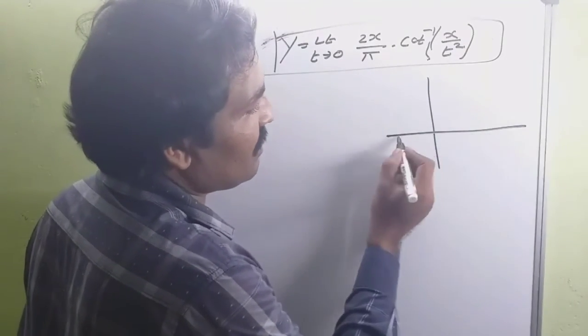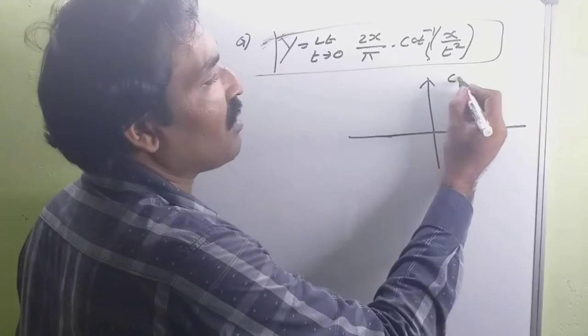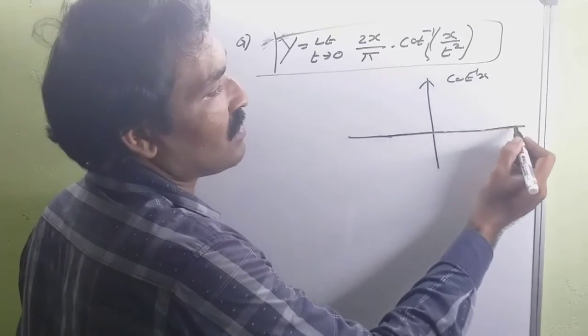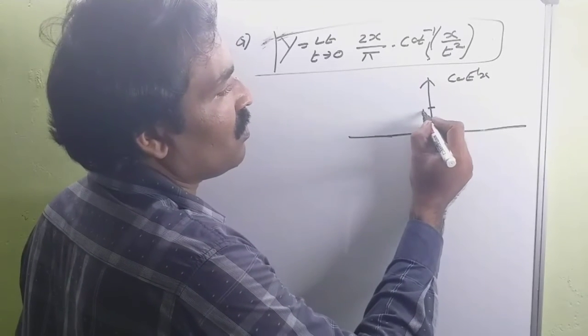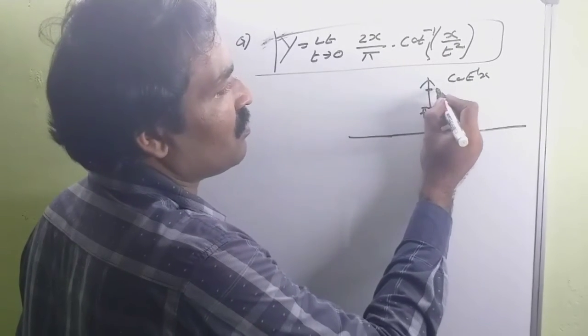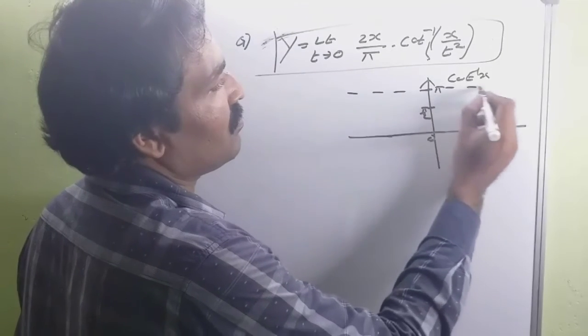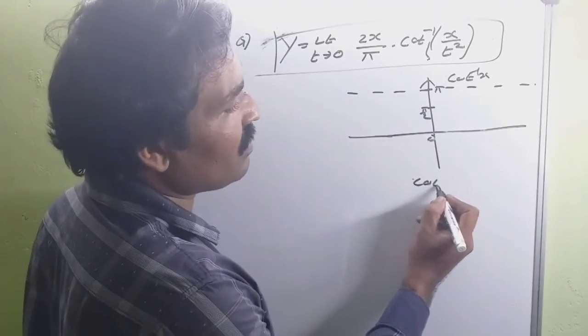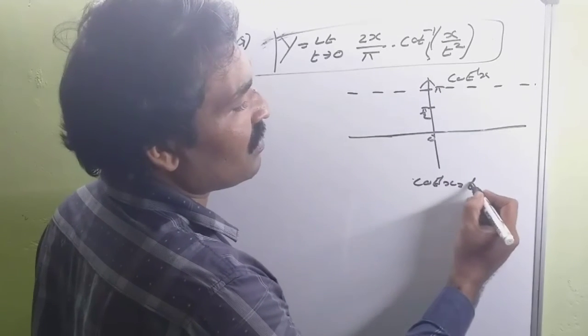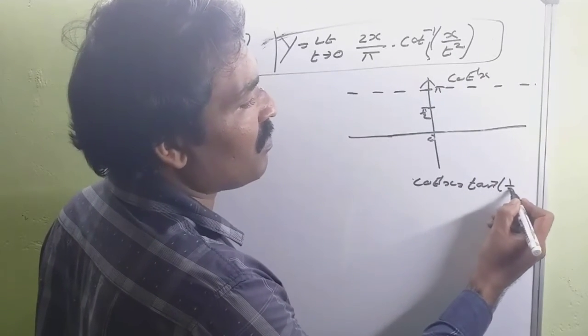This is 0, pi by 2, pi. Right. Cot inverse x is equal to tan inverse 1 by x.